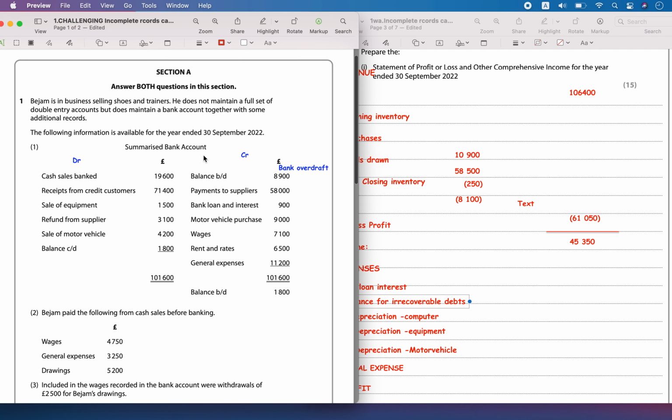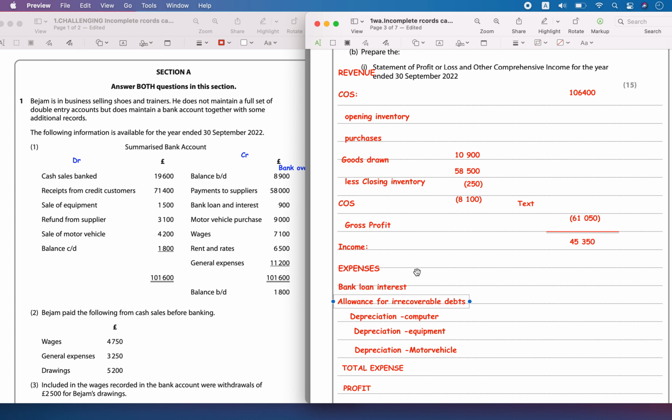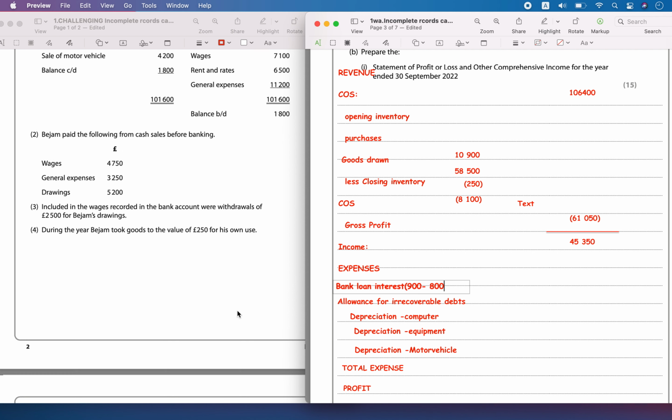From the summarized bank payment, we can see that the bank loan plus interest included is 900. So we have to subtract: 900 minus 800.